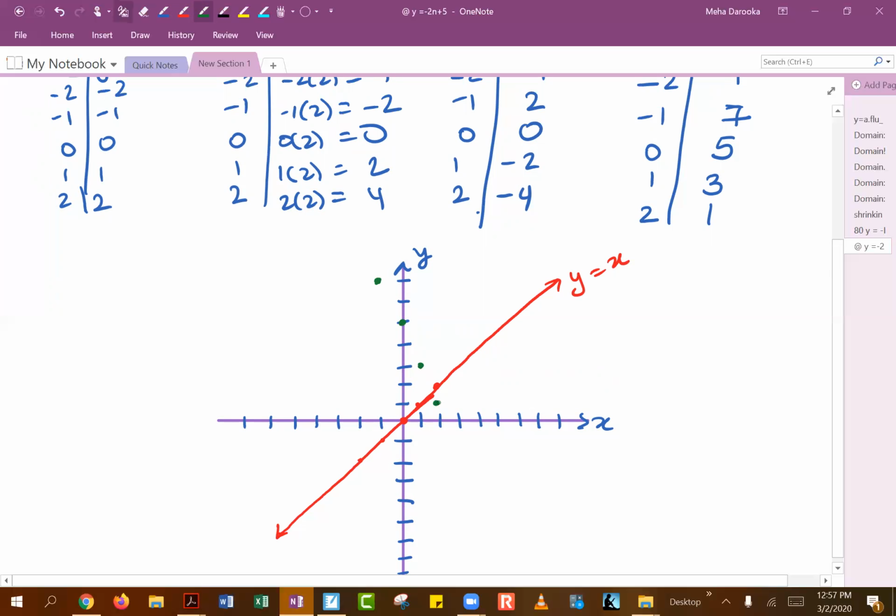Where would I be crossing the x-axis? 2.5, right? It would actually be crossing halfway right there between 2 and 3. How can I find that point?